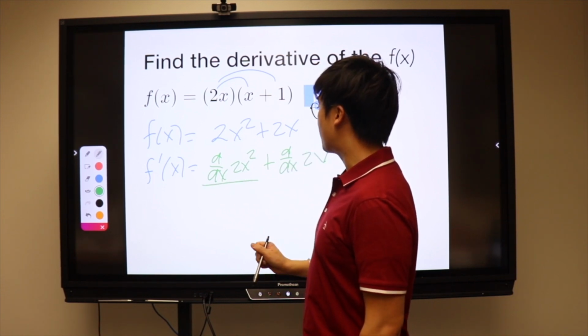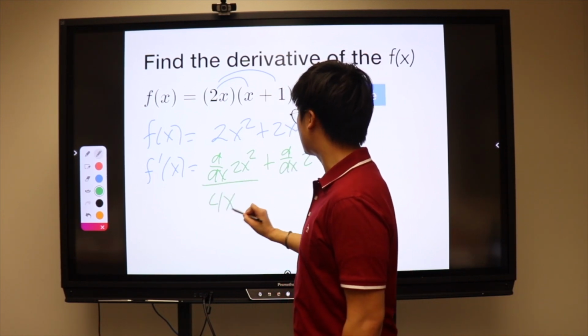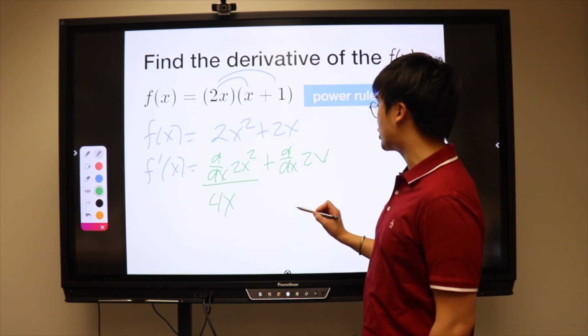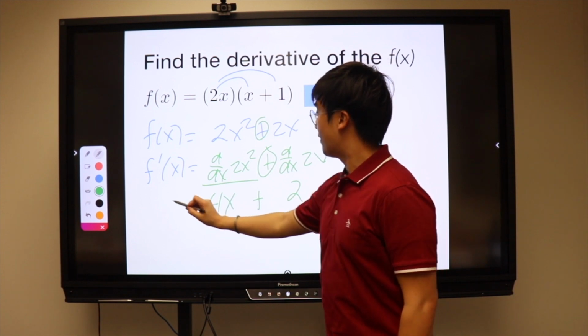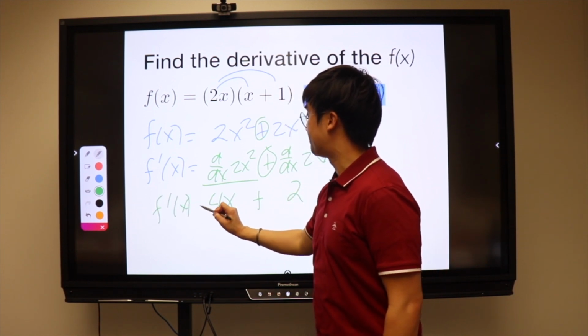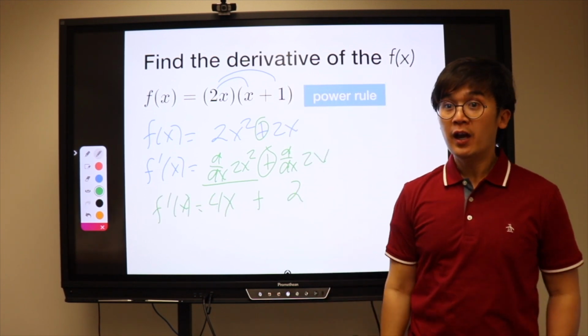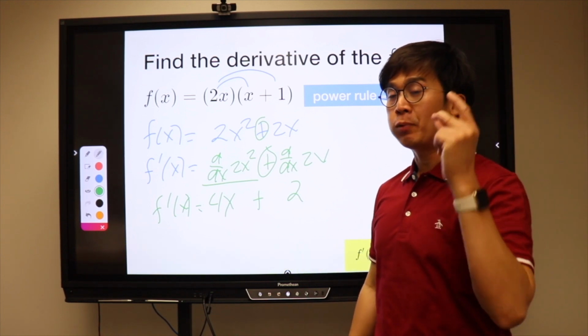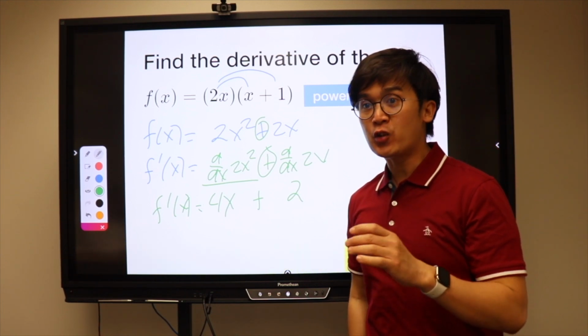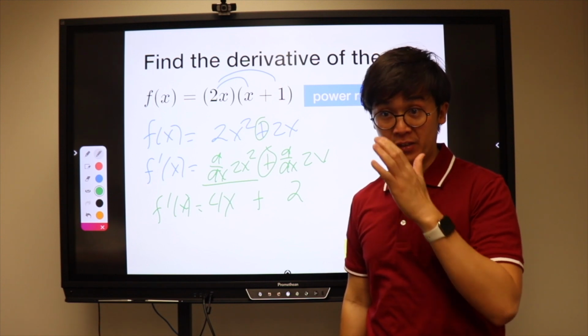And the d/dx of this one is 4x, and the d/dx of the second term is 2. And since it's all addition, that is my f prime of x. 4x plus 2.